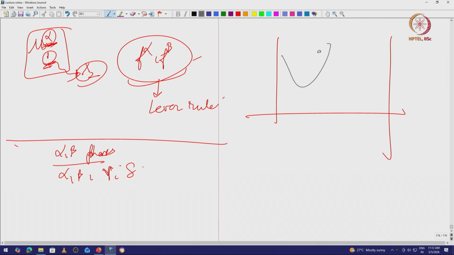This is G of alpha, this is G of beta, let me use this color and say this is G of gamma, and let me use black, some other color, and say that this is G of delta, okay.